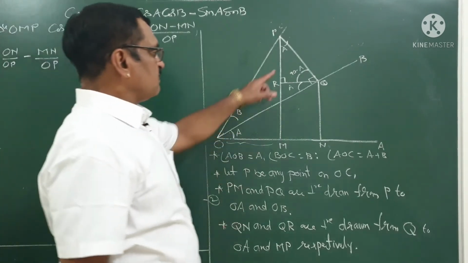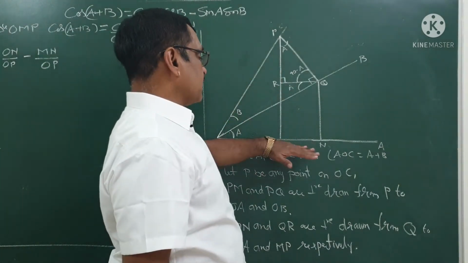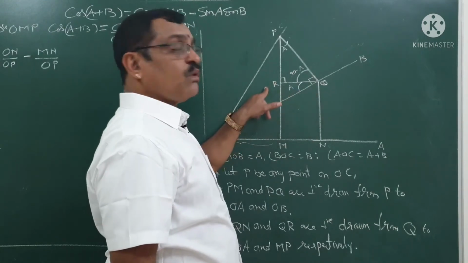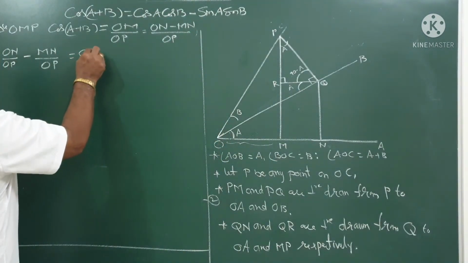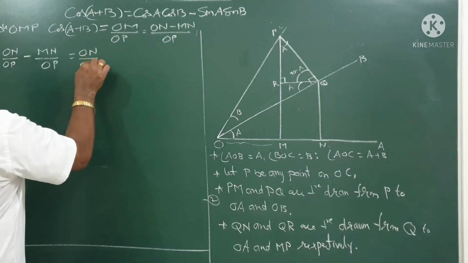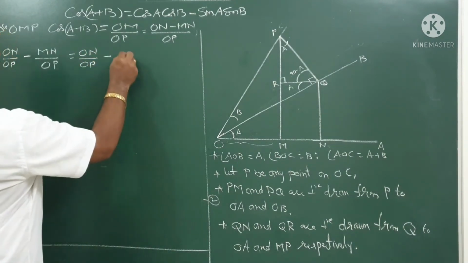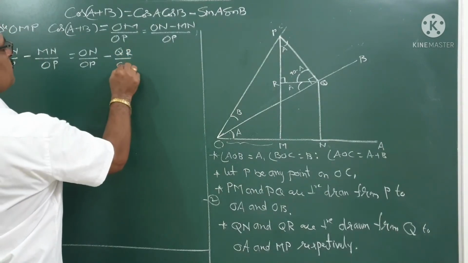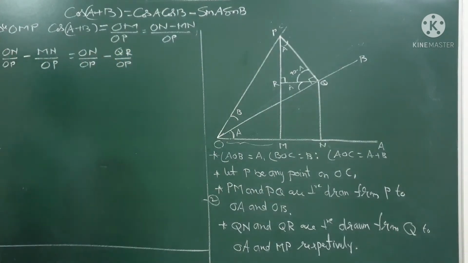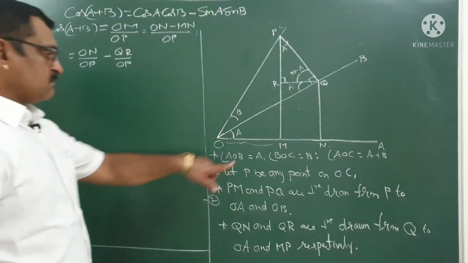Now I want to involve this triangle. So I can write MN is equal to QR. That gives ON by OP minus QR by same OP. That's all.